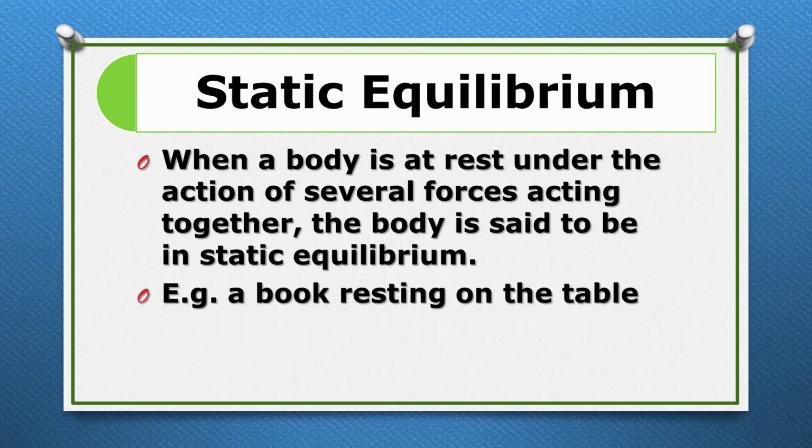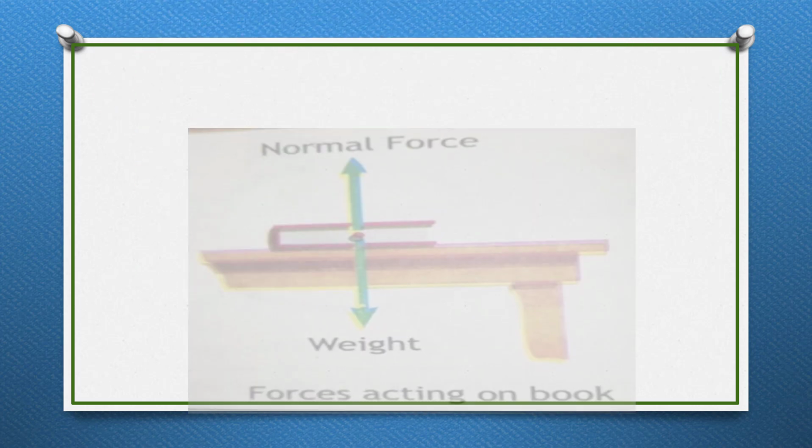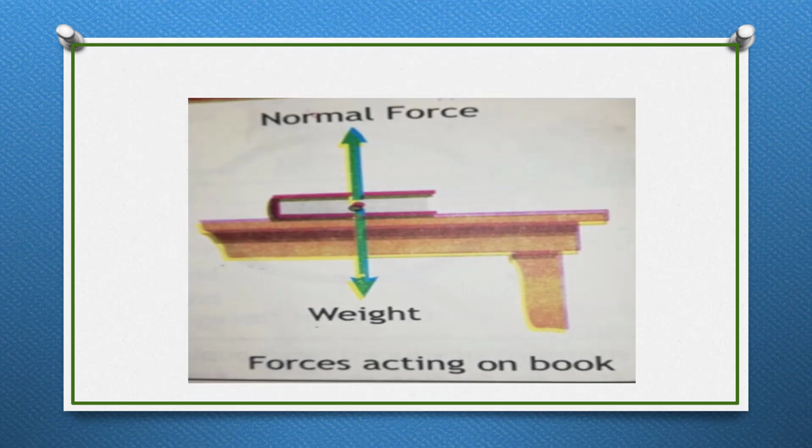For example, a book resting on the table. You can see that if we have a book lying on the table, what are the forces applied on this book? One force is its weight, which acts downward. The other force is the normal force, the reaction force applied on the book by the table.